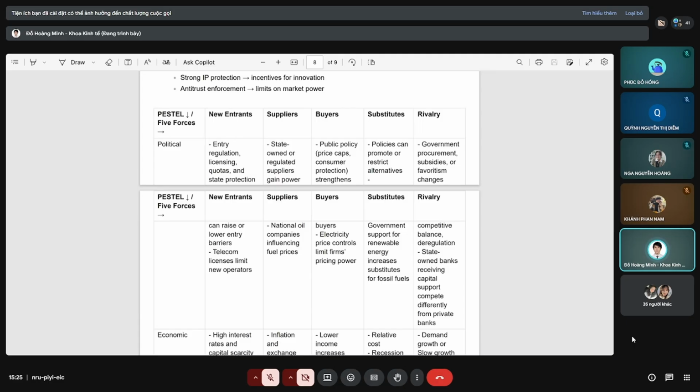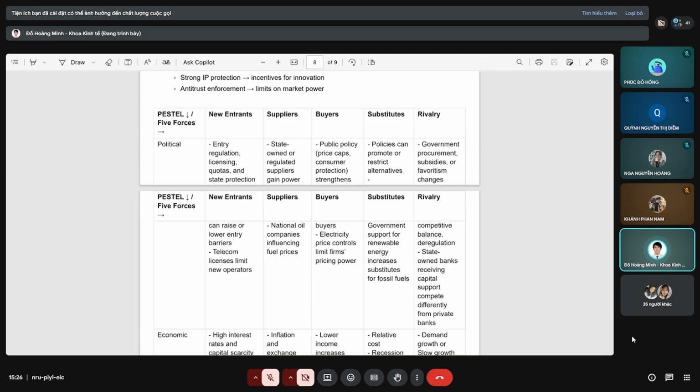Set the selling price. Firms are not allowed to set the price higher than that limit. You can see this practice is very popular in the electricity price, right? So the government sets a selling price.